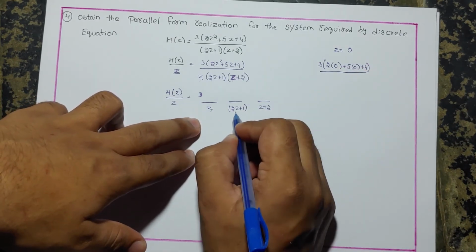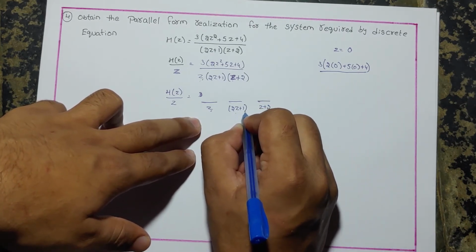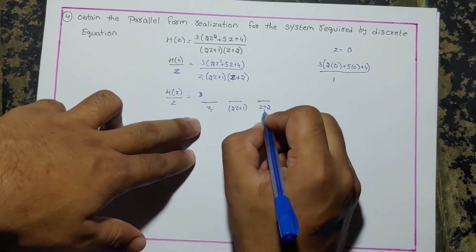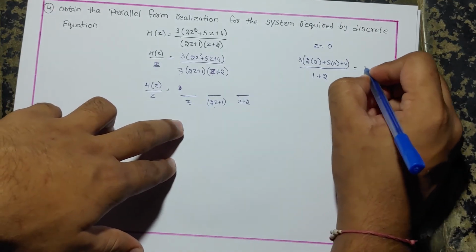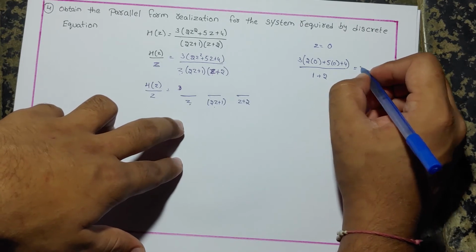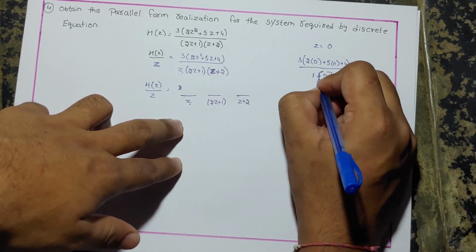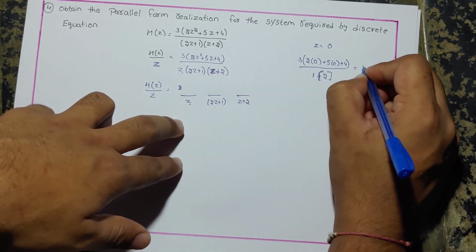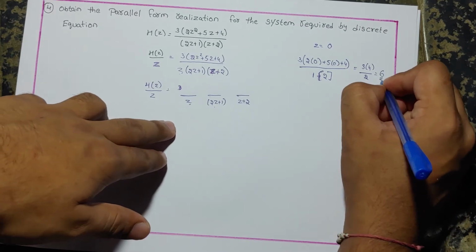Other than this, these two elements we have to consider. That is 2 times of 0 plus 1, which is 1, times 0 plus 2, which is equal to 2. Now multiplying each other, that is 3 times of 4 by 2, which is equal to 6.